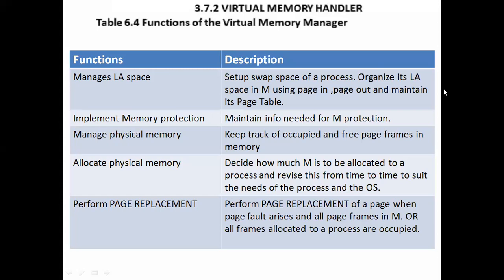After each and every page replacement, I need to revise all the information with respect to the frames being occupied, how many frames are free, etc. And the last function is to perform the page replacement when a page fault occurs. Like already seen in the previous slide, we need to perform the page replacement if and only if a page fault has occurred, right?